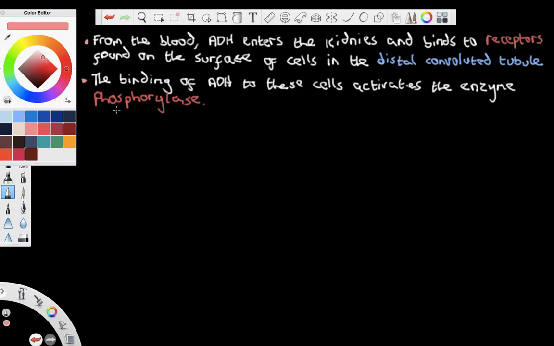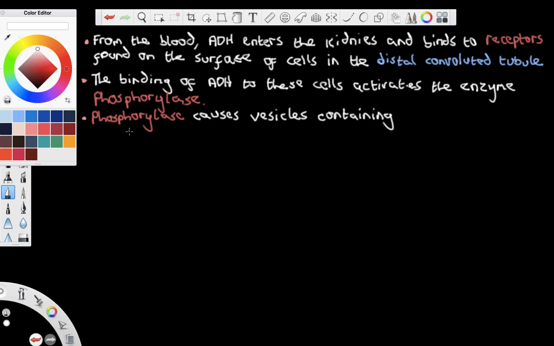So we can say that phosphorylase causes vesicles containing aquaporins to bind with the cell membrane.